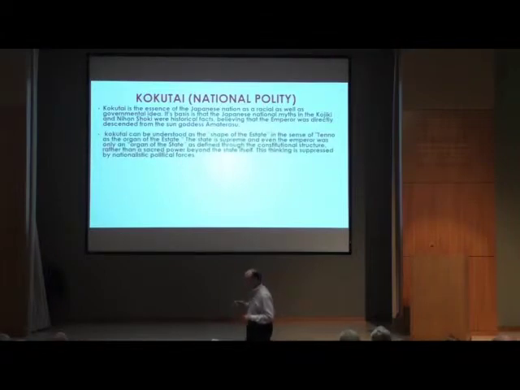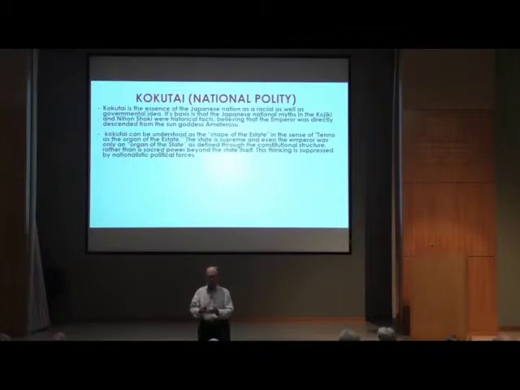The other one is that you can understand the kokutai as being, how would I put it, the emperor is an organ of the state. He's the head of the state. He's basically kind of like a body part. So the state itself is supreme. The emperor is just the head of that state.